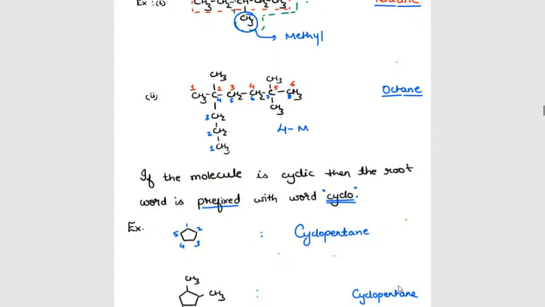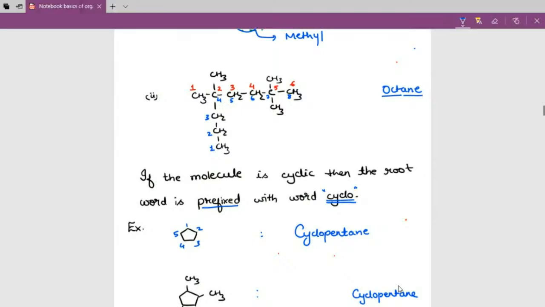I don't want to mean the position by writing this 4, so I should better write it in words, otherwise it might confuse others. So I would write in words, I have 4 methyl substituents.